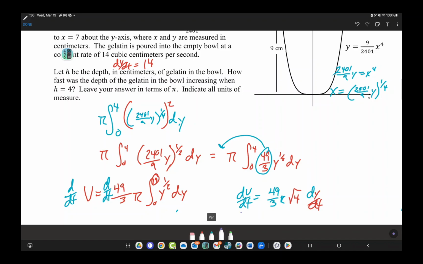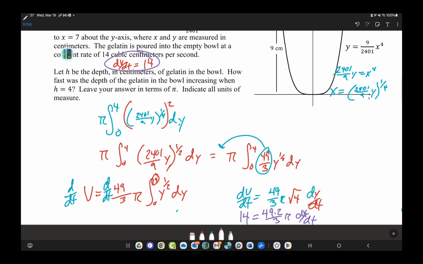Now we have 14 is equal to 49 times 2 over 3 pi dy/dt, in which we could just multiply by the reciprocal, right, to get dy/dt? Oh, square root of 4 is 2. Where did the 14 come from? Right here, dV/dt was 14.